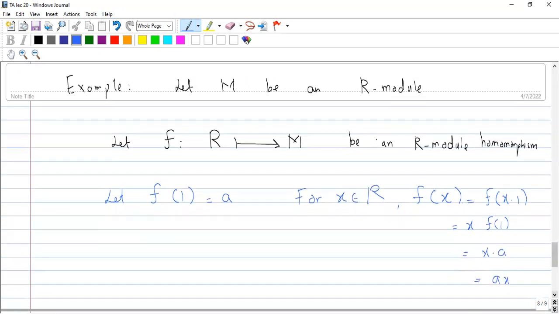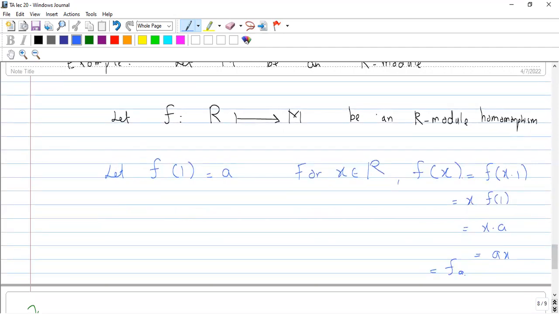So this could also be written in the form of f of ax.